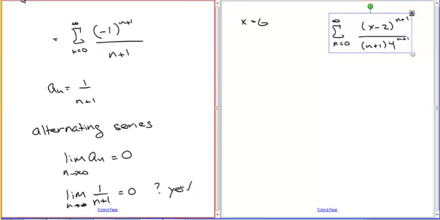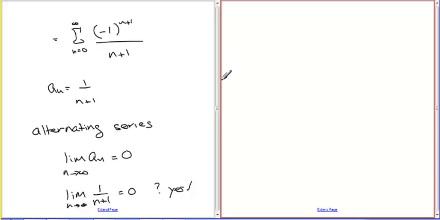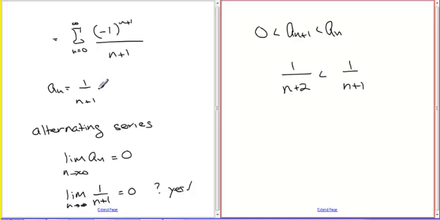The second part is that a sub n plus 1 is always less than a sub n, which are all positive. So we have 1 over n plus 2 is less than 1 over n plus 1. So a sub n is 1 over n plus 1, and a sub n plus 1 is 1 over n plus 2.